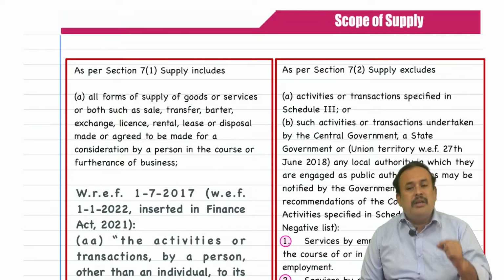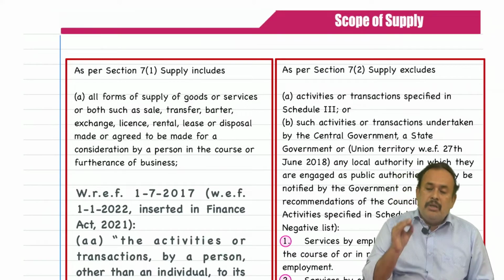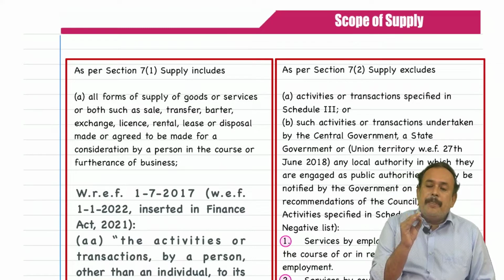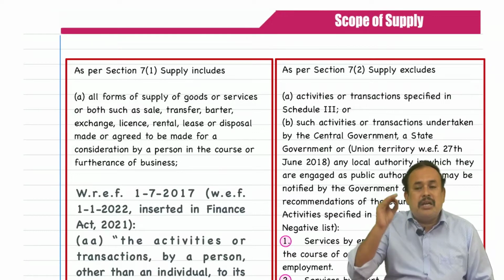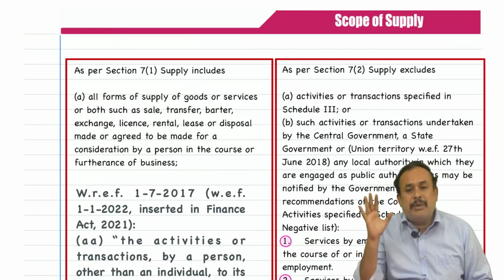Section 7, subsection 1, clause C says that activities even without consideration is a supply.